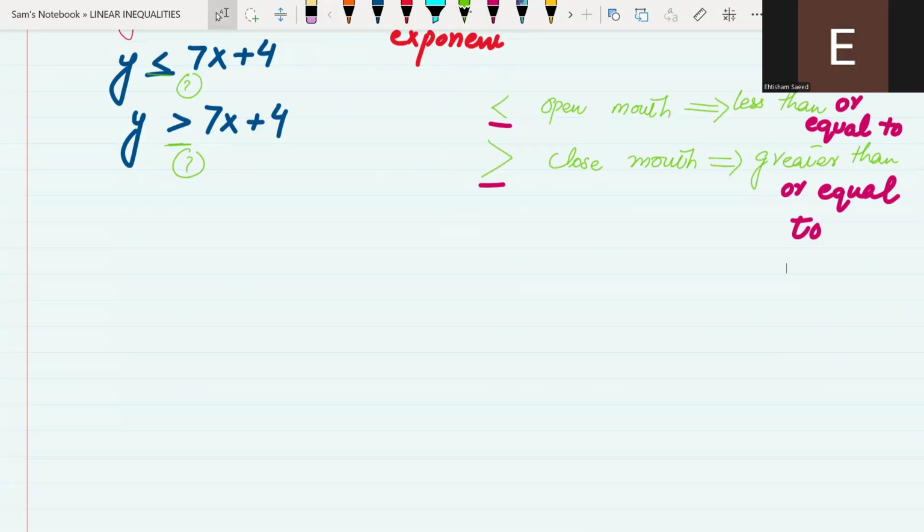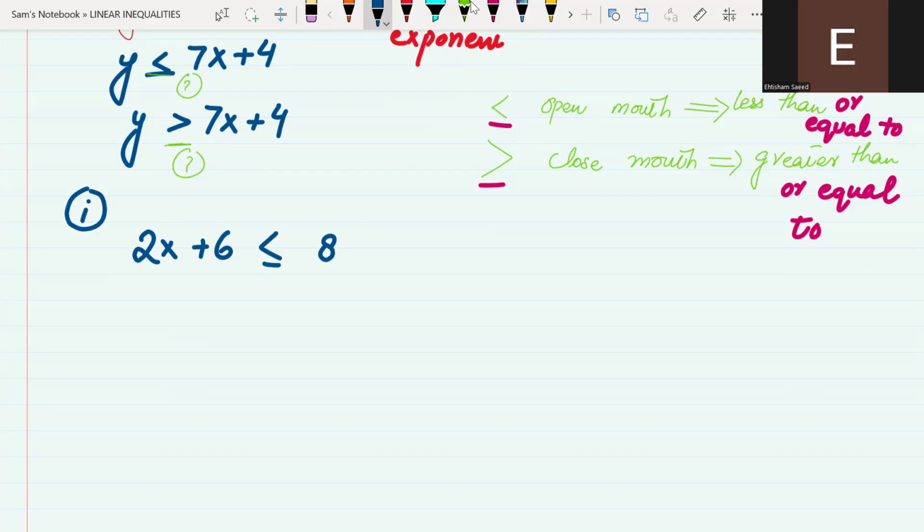Now, we have to see how we can solve an inequality, right? So for instance, I have 2x plus 6 is less than or equal to 8. How are we going to solve this? Take six to the other side.